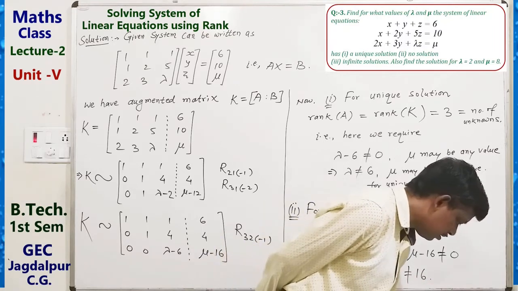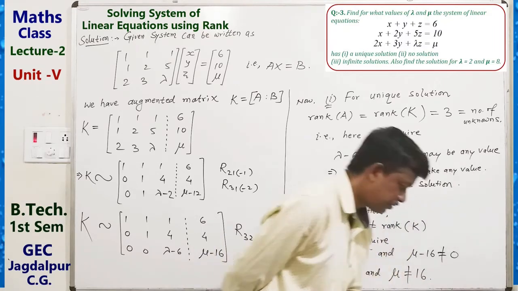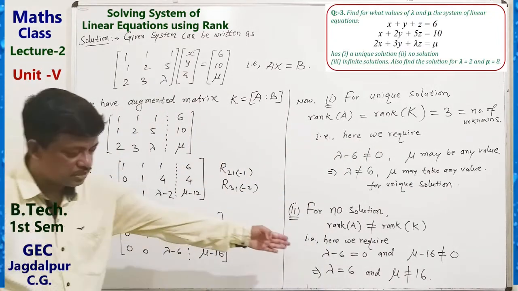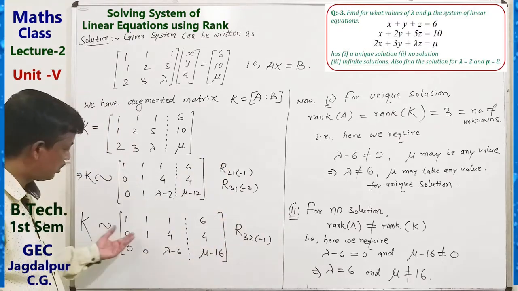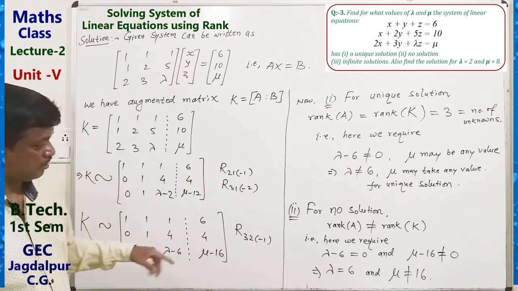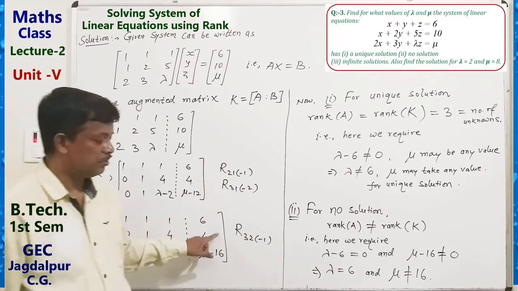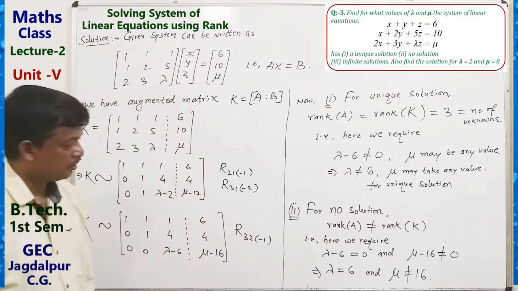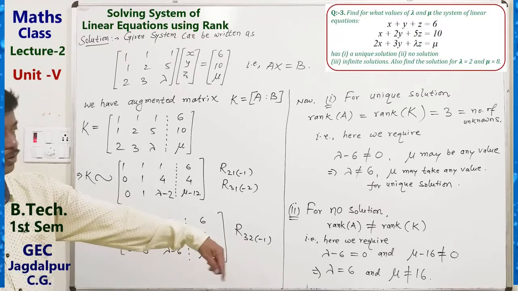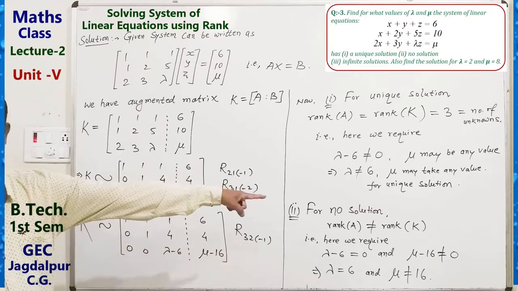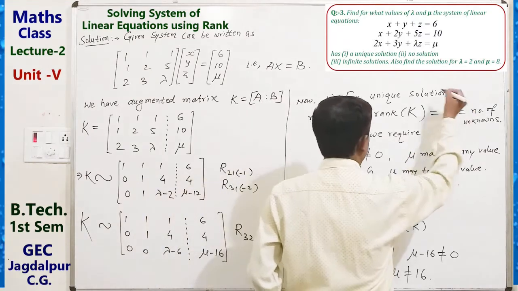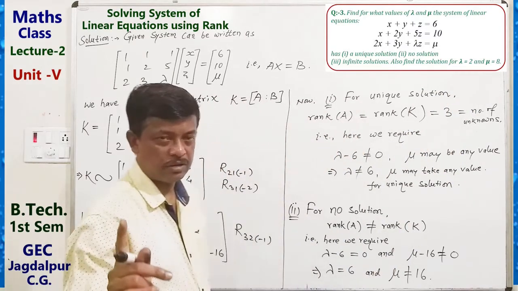Okay? For no solution, if we take this type of value, then both ranks will be different. This rank will be 2 and this rank will be 3. So this is the value of lambda and mu for no solution. This is the value of lambda and mu for unique solution.